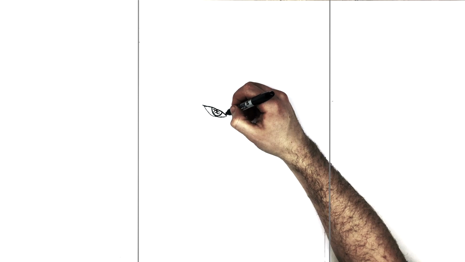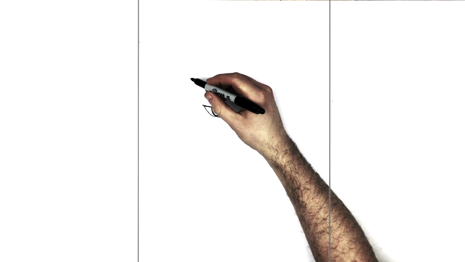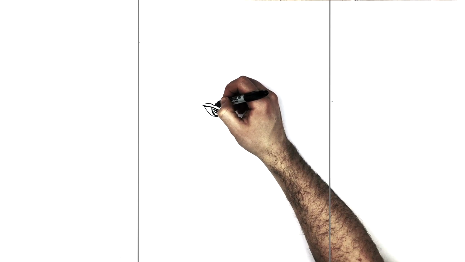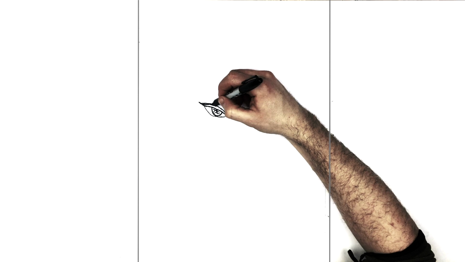Then we're going to thicken up his eyelid line, so we're going to do a big dark black section, coming back this way. It gets a bit pointy there at the end, and it's all dark in here.